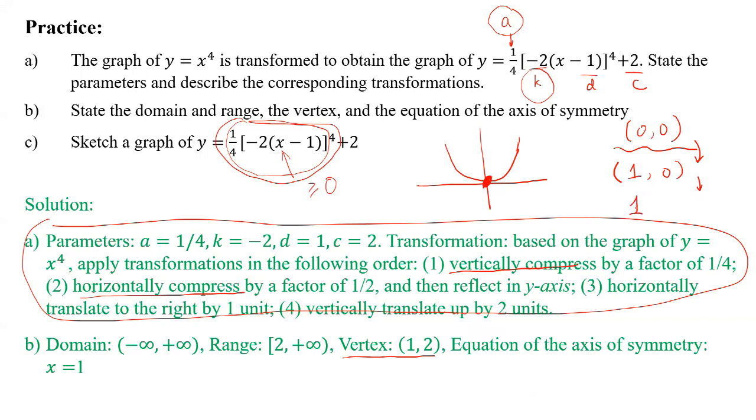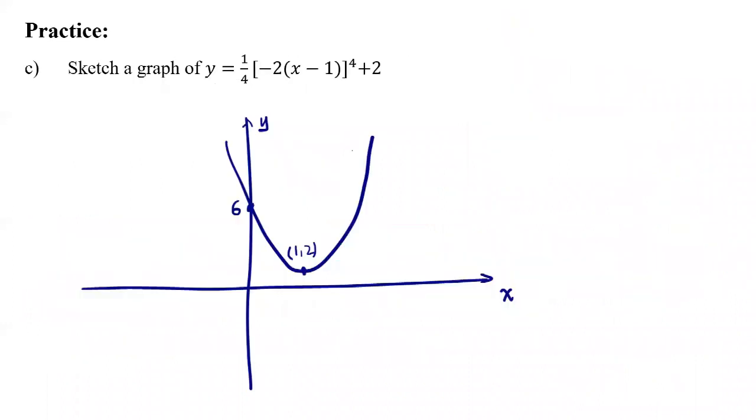So the point becomes 1, 2. This is the new vertex. We also know that the equation of the axis of symmetry is x equals the x-coordinate of the vertex. So the equation of the axis of symmetry is just x equals 1.